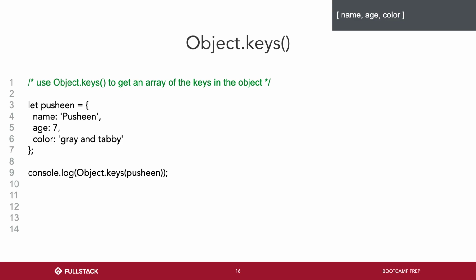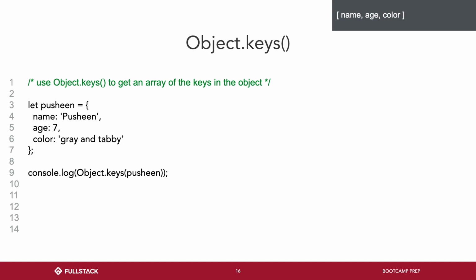You could do Object.keys, pass in Pusheen, then after the closing parenthesis you can do at 0 and it will give you name, because it evaluates that first and then accesses it using the index, if you wanted to do that.